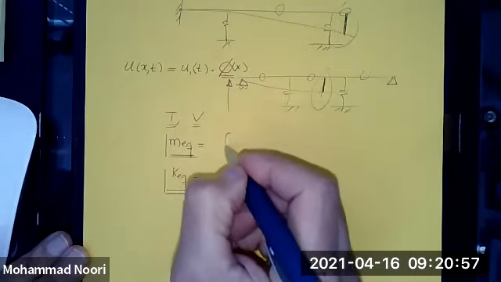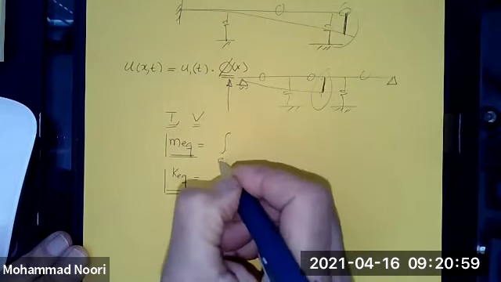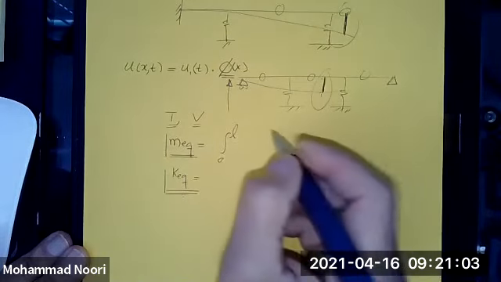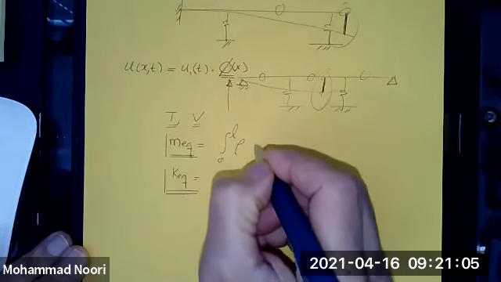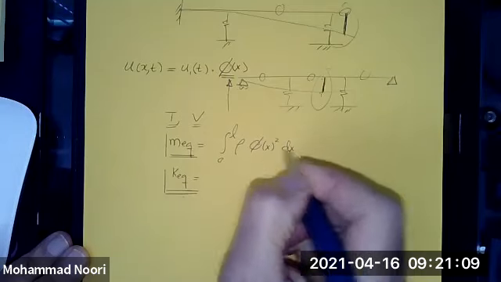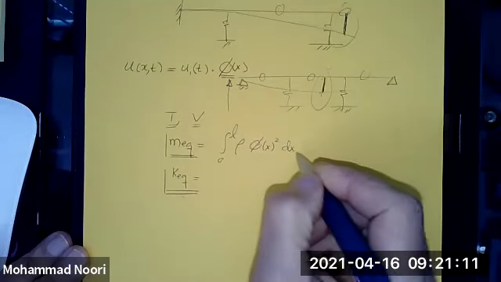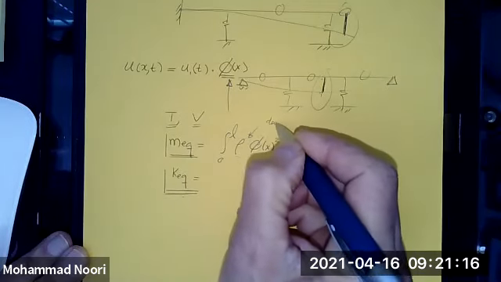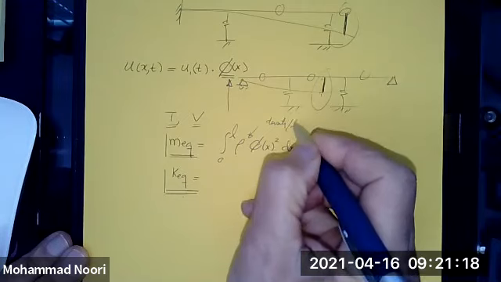The equation was you take the integral from 0 to L of mass density times that shape function squared, okay, this integral. Mass density here is density per length.